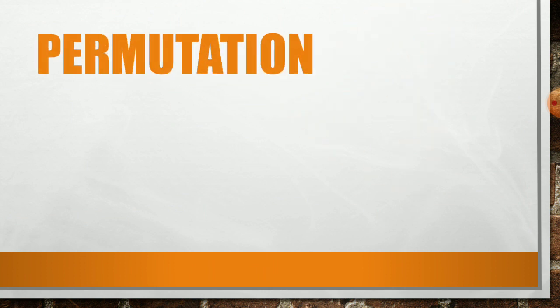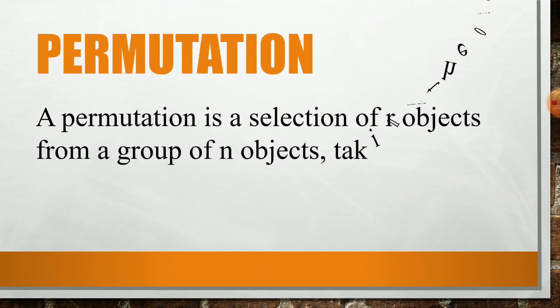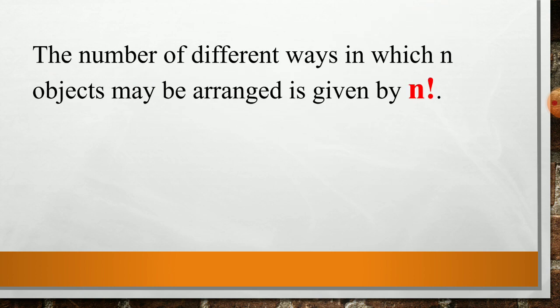A permutation is a selection of r objects from a group of n objects, taking the order of selection into account. Meaning to say, under permutation, order is important. The number of ways in which n objects may be arranged is given by n factorial.